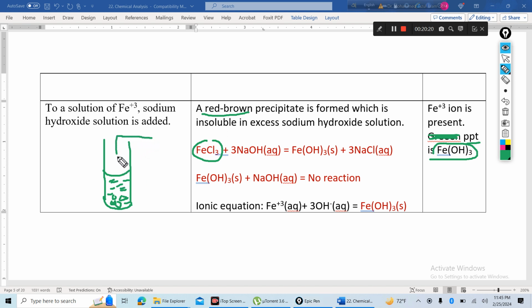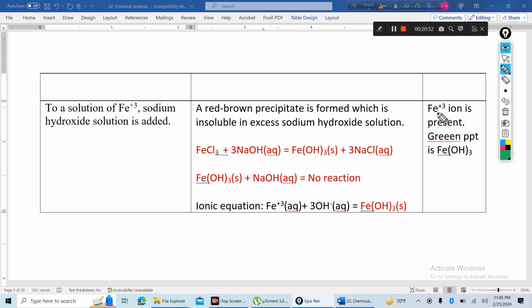After that you add a few drops of sodium hydroxide and you will observe a red brown precipitate of Fe(OH)3 is formed. If you add excess sodium hydroxide, you will observe the red brown precipitate does not dissolve, it is insoluble. So this is the test for iron 3 ion.